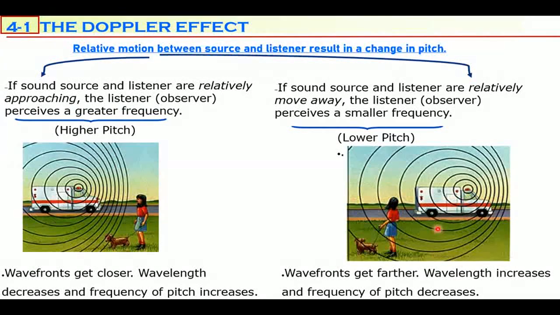So basically, we can say that if a listener and a source approach each other, pitch rises. So this observer, the listener, hears a higher pitch. When source and listener relatively move away from each other, in this case, pitch drops and you hear a lower pitch.